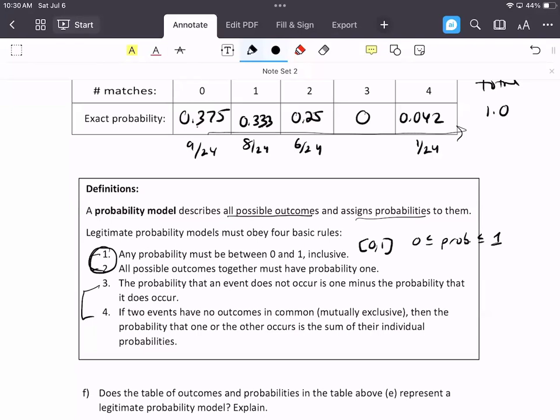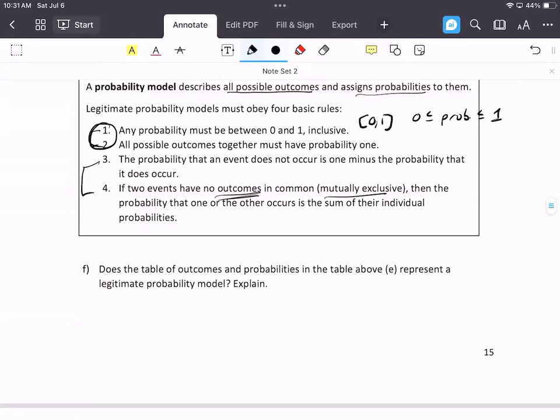The last thing that's important to consider for a probability model: if 2 events have no outcomes in common, so they're mutually exclusive, in other words, you can't have 0 matches and 1 match at the same time because it's either 0 or 1, they both can't happen at that same moment, then the probability of one or the other is the sum of their 2 probabilities. We're going to use these, and we'll come up with a table that summarizes these rules a little bit later.